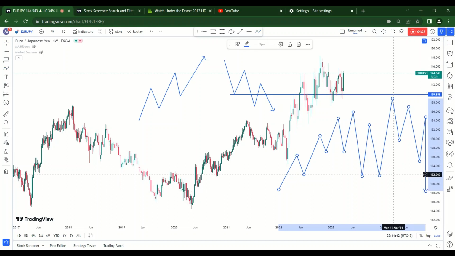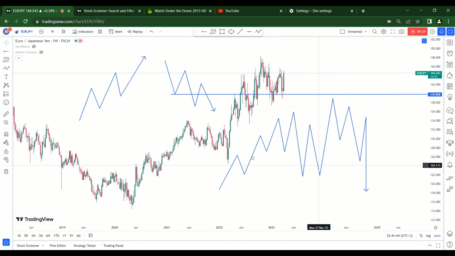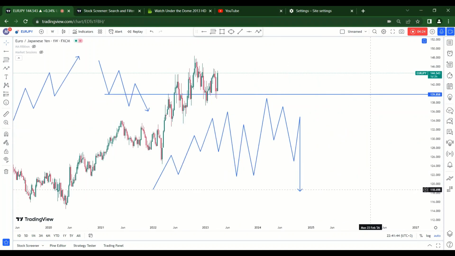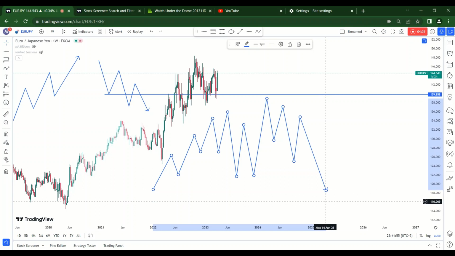Now, there we say that we have changed our direction from an uptrend to a downtrend. Why? Because this low has violated the most recent low created.